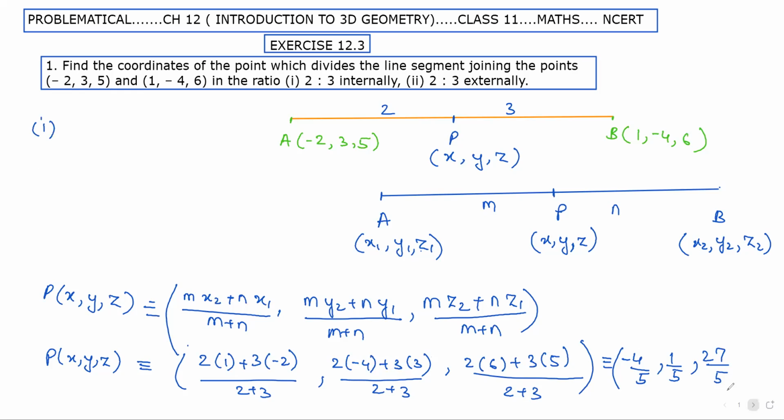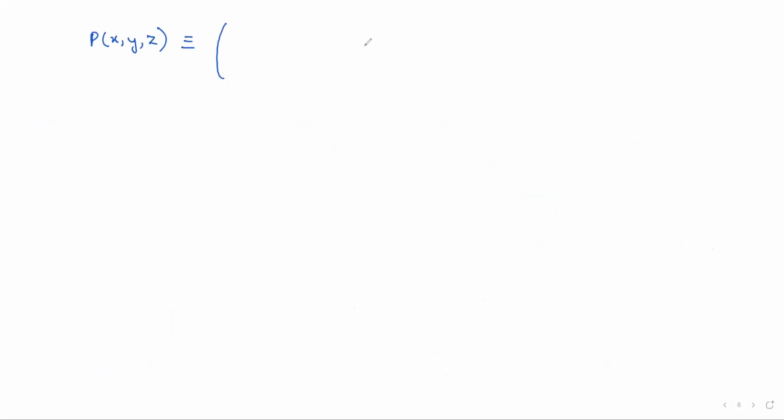In the external division, we are using the same coordinates, but it is external division. So let that point be R. It's given that these are the 2 points A and B, and R externally divides it in the ratio 2:3. So the distance between R and A is 2 units, and the distance between R and B is 3 units.